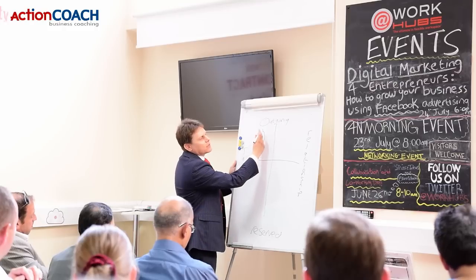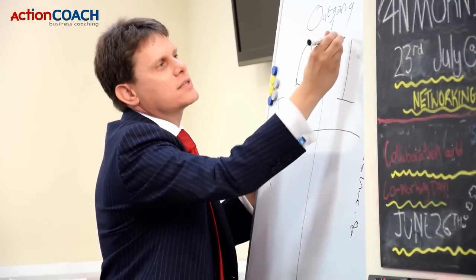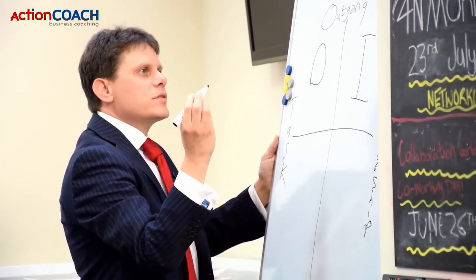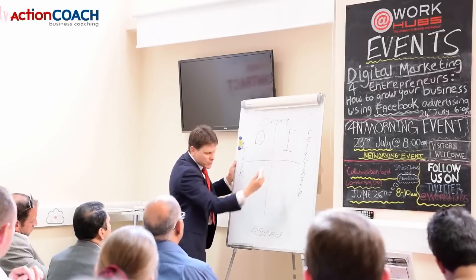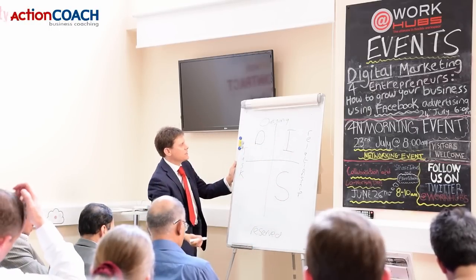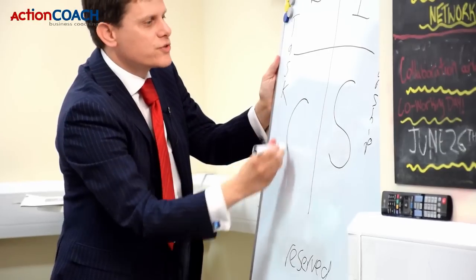The outgoing and relationship-focused people, we call the influential or I type. The relationship-focused but reserved people, we call S types. And the task-orientated and reserved people, we call C.